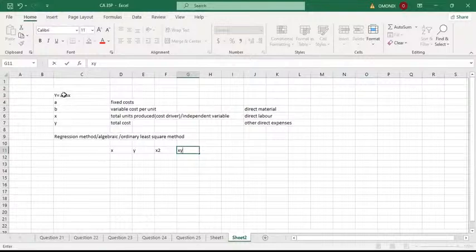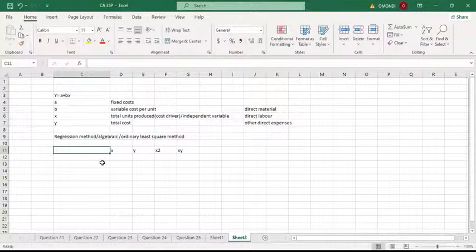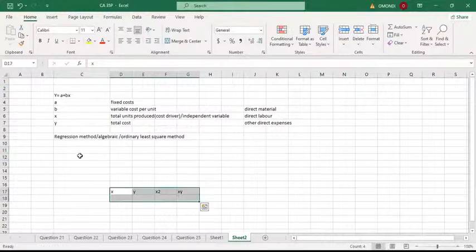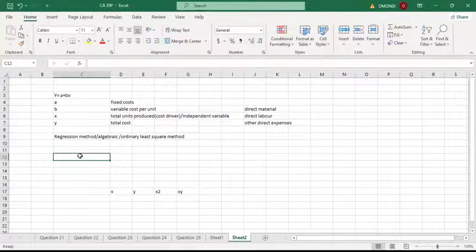For us to get the value of A, for us to get the value of B, so that we can come up with this function, you are supposed to know something here. How do we get B? How do we get A? That was very, very important when you are covering this concept.